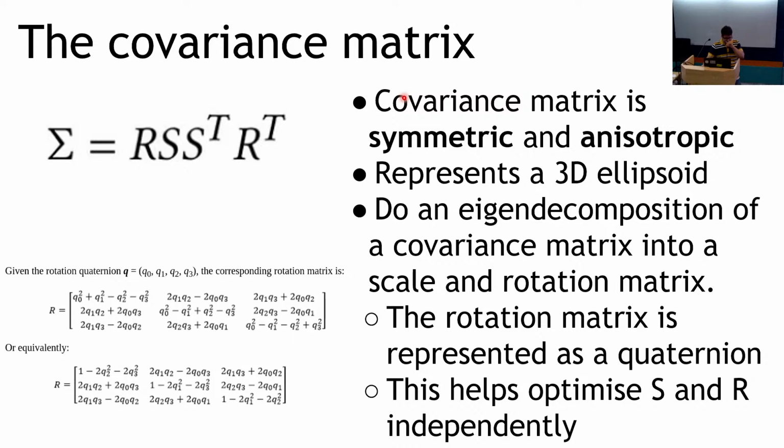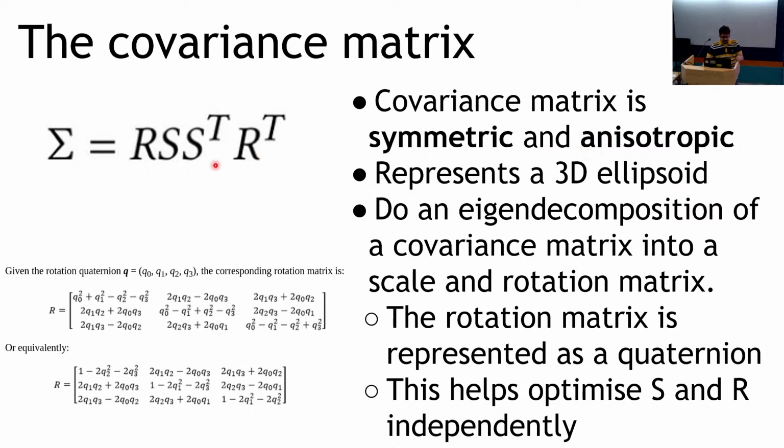Here you want the matrix to be symmetric and anisotropic, which means that you can have different ellipsoids. If it is isotropic, then you will only have spheres, but because it is anisotropic, you can have ellipsoids. Some can be elongated in the y direction, some in the z direction. So you can have different types of Gaussians.